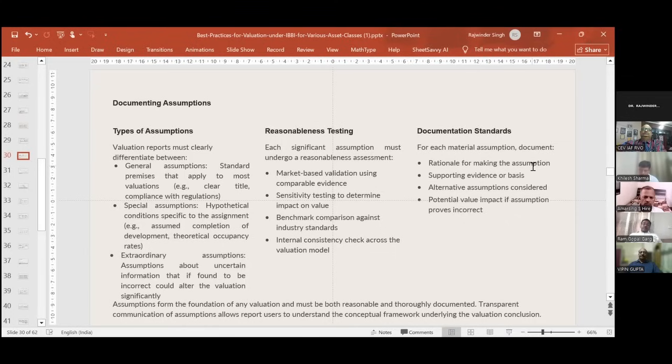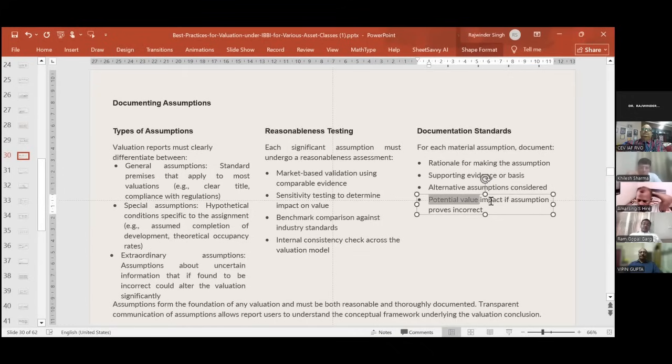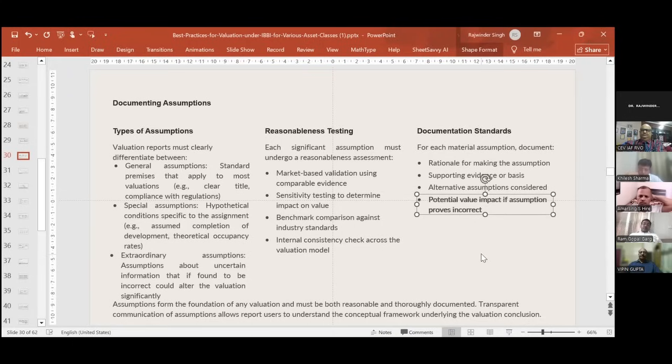You must give alternative assumptions which you have considered in your valuation report. And the important thing is, what is the potential effect if the assumption proves to be incorrect? You have to mention that in your valuation report. This is how you can document the assumptions.